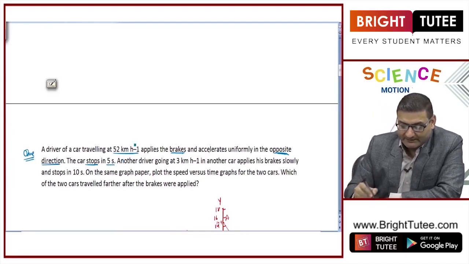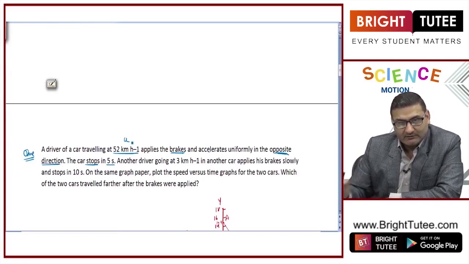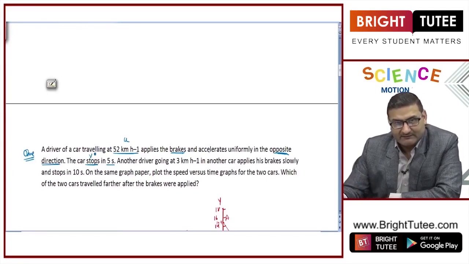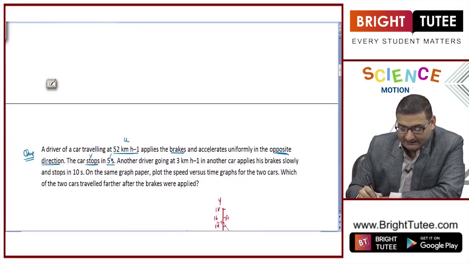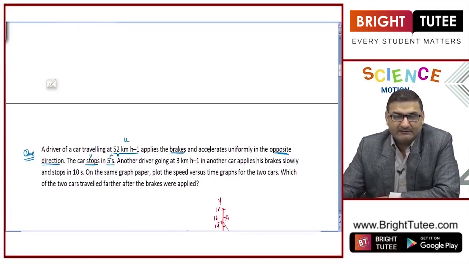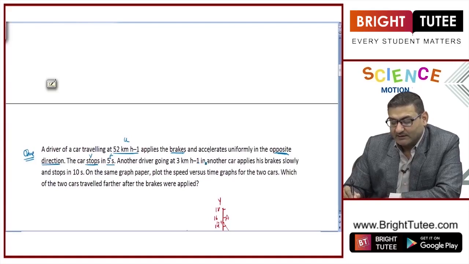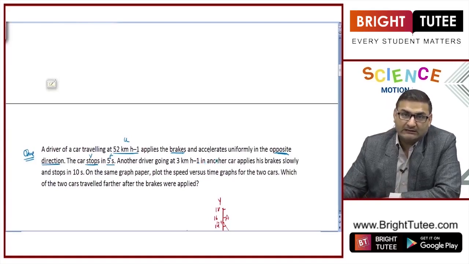So now if I relate, I am being given the initial velocity, that is u. I know that the car stops, that means the final velocity v is given, and t, the time taken, is given for this car. Okay.